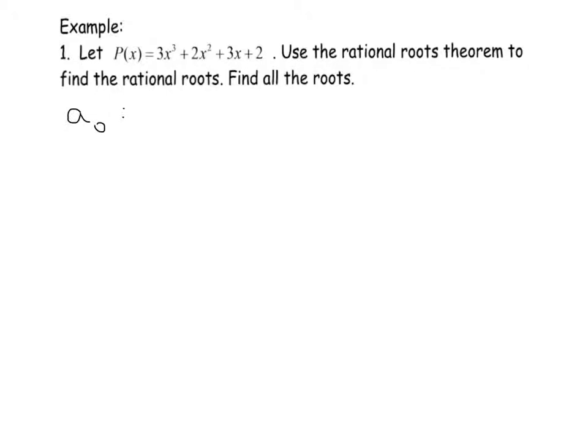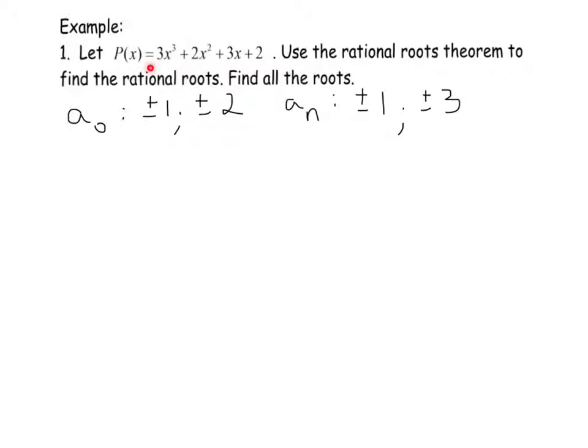Its factors are plus or minus 1 or plus or minus 2. Then we look at the leading coefficient, a_n, and find its factors. Its factors are plus or minus 1 and plus or minus 3. Of course, we know that this 2 here is our constant term, and this 3 here is our leading coefficient.